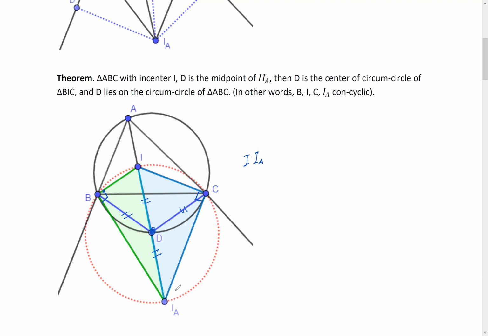And this is our excenter. Now there is another circle here. Let's not get confused. This circle right here passes through B, I, C, and IA, all right? D is the center.